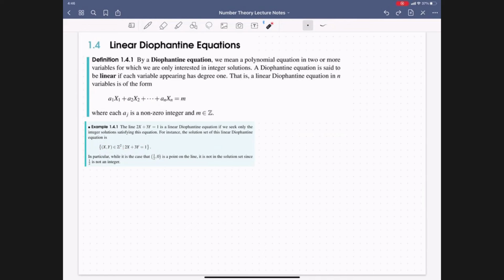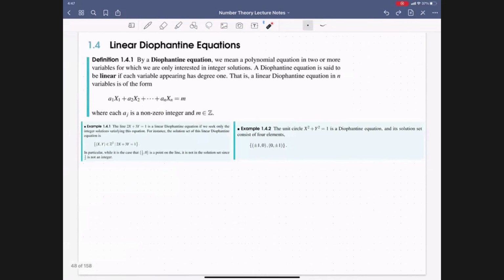But it does not count because it's a rational number that is not an integer. And so that's out of the question. That's the one distinction: we are looking at polynomial equations, but only care about the integer solutions to said polynomial equations.